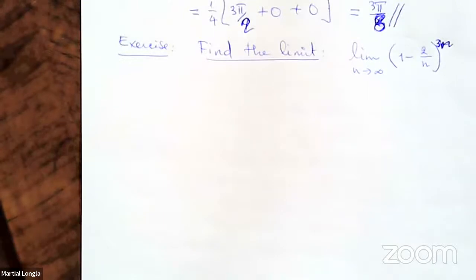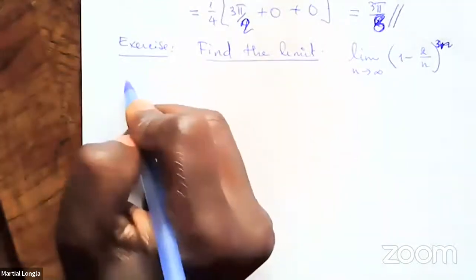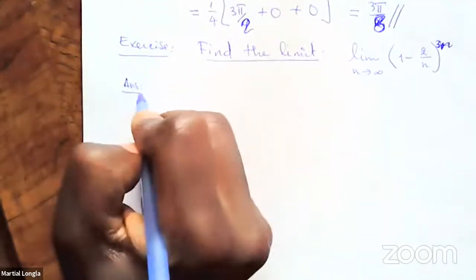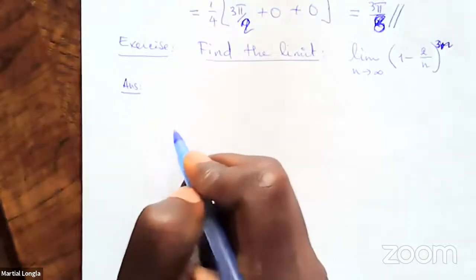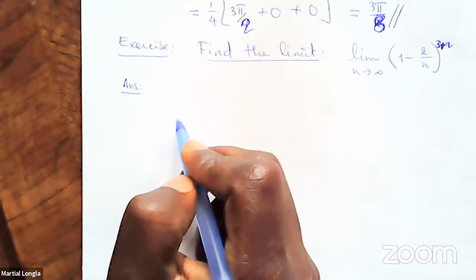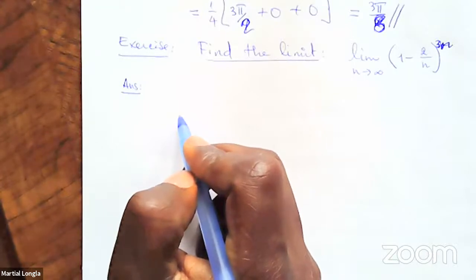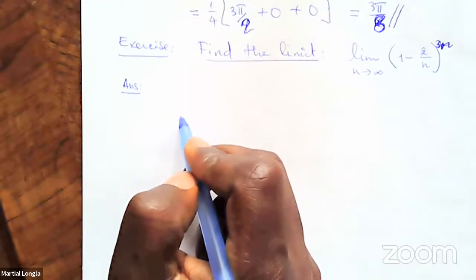And work this out with me, Matthew. Yeah, I can do that. Let's go ahead. So you replace n with infinity, and then you get 1 minus 2 over infinity, and that's equal to 1 to the power of infinity, which equals 1.